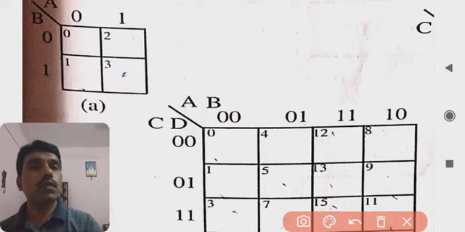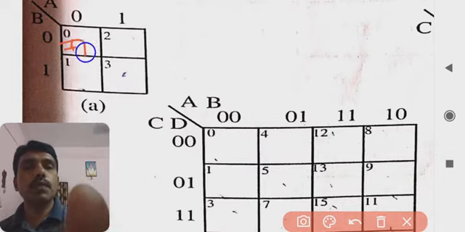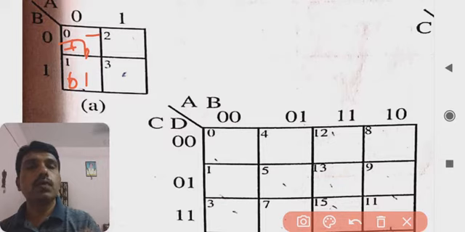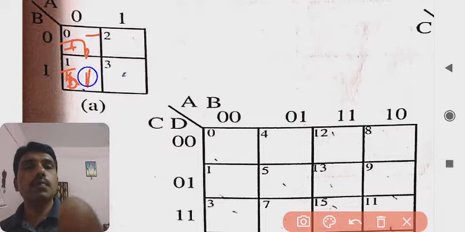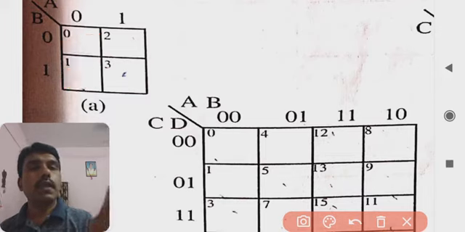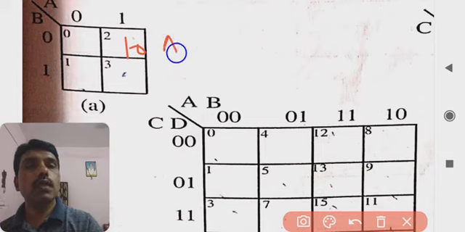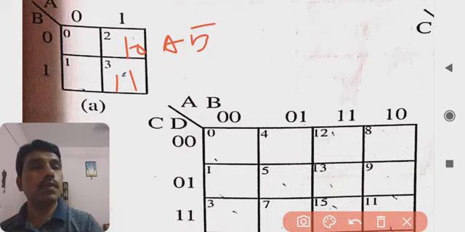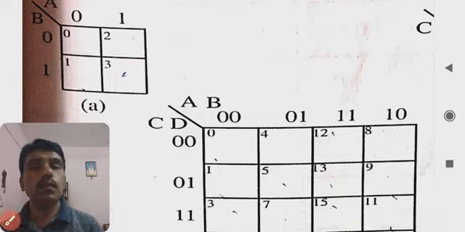To represent this, 0 0 is A complement B complement. For 0 1, it is A complement B, because complement is 0 in the SOP form. And 2 means 1 0, that is A B complement. And for AB, both will be original, not complemented.